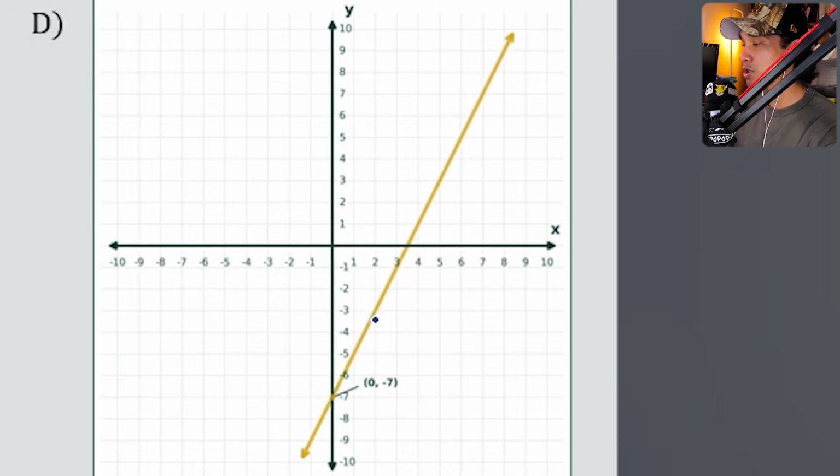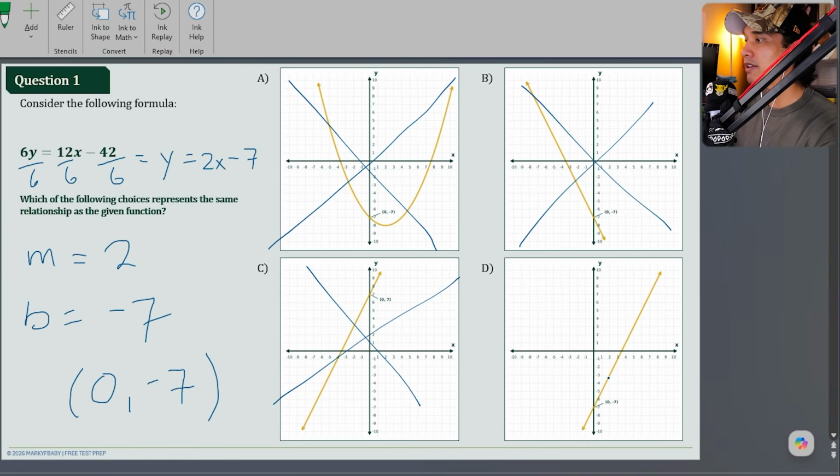If we were to choose 2 points, we could find the change of y over the change of x, which is the slope, and we'd find that it equals 2. But we won't do that because we already ruled out the other 3, and we know that D is the correct answer.